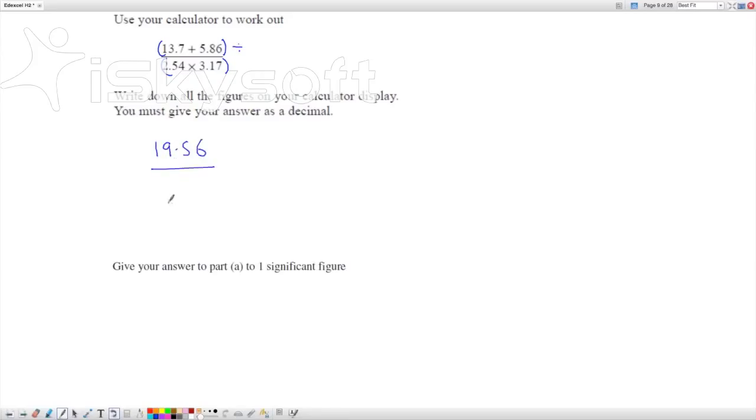You get 15.56, and then the bottom calculation, put that into your calculator, writing down all the digits on your display, 2.429270474. Then rounding that to one significant figure. Look at the first value that's not 0, 2, then the next number is a small number, so 2 stays the same. To one significant figure, the answer is 2.